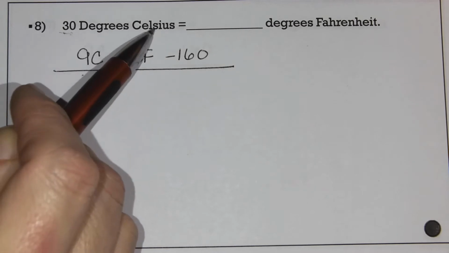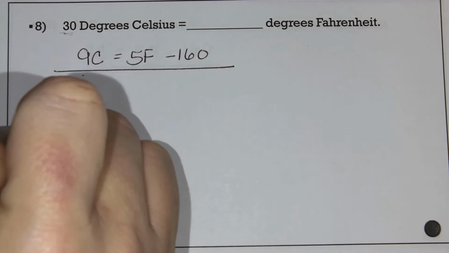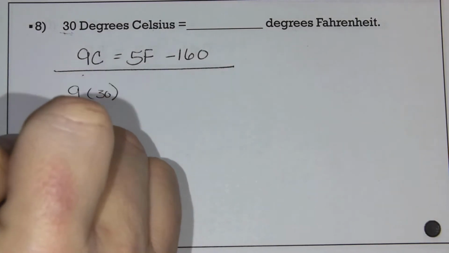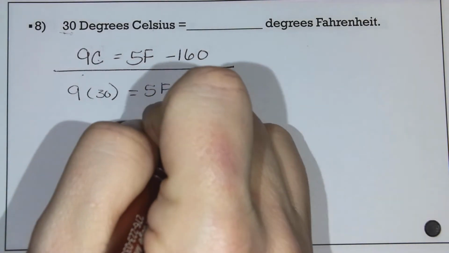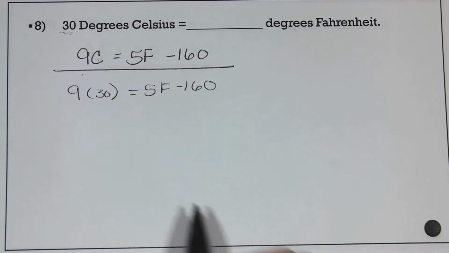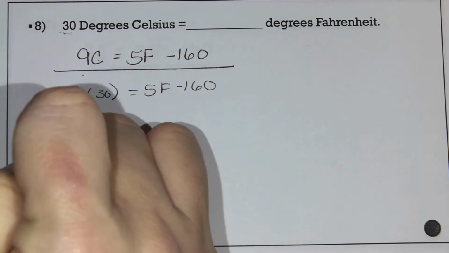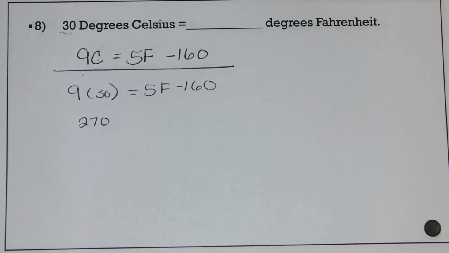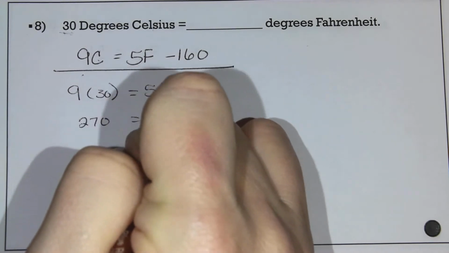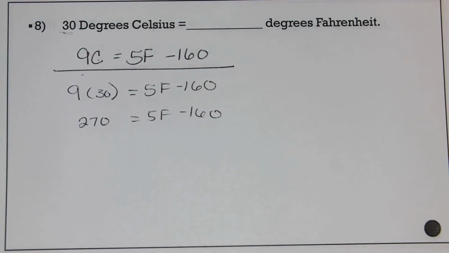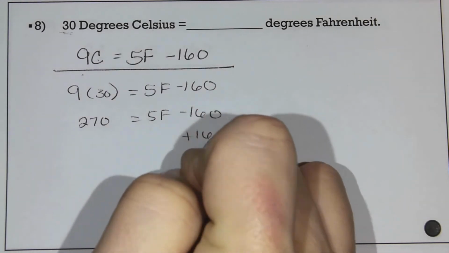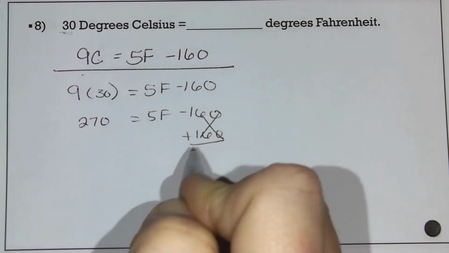So we have 30 degrees Celsius, so 9 times 30, because you put 30 where the C's at. Again, you write everything out. Okay. 9 times 30 would be 270. Then you bring everything back down. Okay, then you're going to add 160 on each side, so it crosses this out.